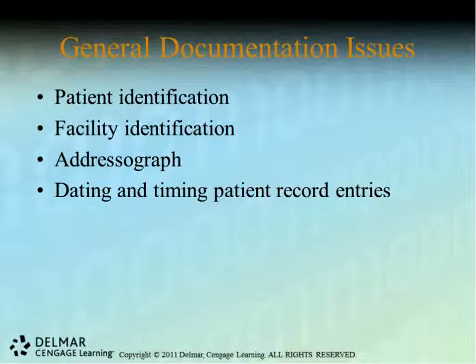This is similar to how this addressograph machine works. They have these little plastic cards with the information on them, and then they take the form and put it on there and press it down and it makes that imprint. Basically this is just for making sure that patient identification or facility identification is placed on all the reports in the record.